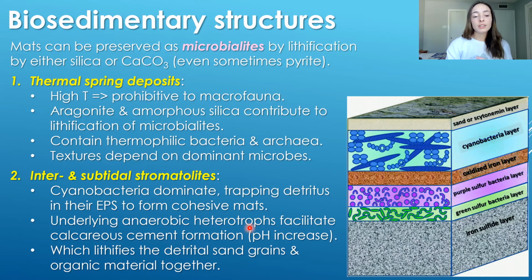Once the calcareous cement begins to form, it lithifies the detrital sand grains that had been trapped by the cyanobacterial EPS and the organic matter together and forms a sandy calcareous microbialite.